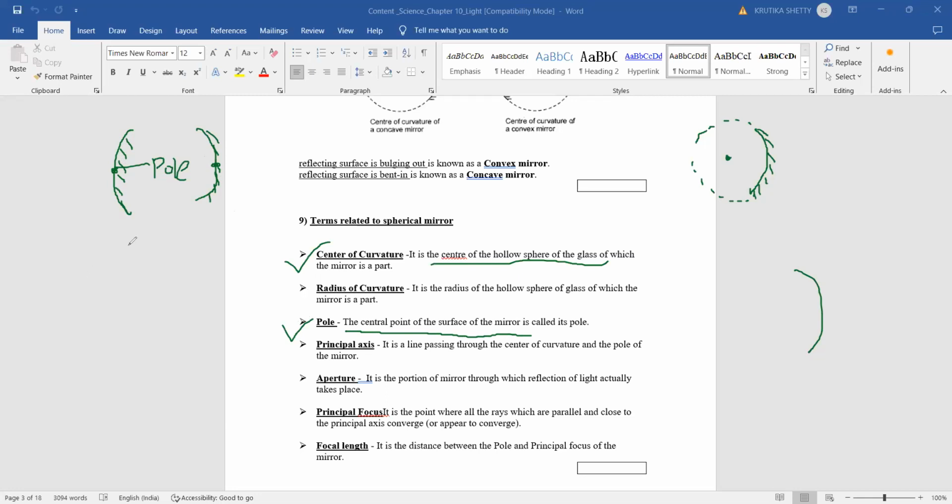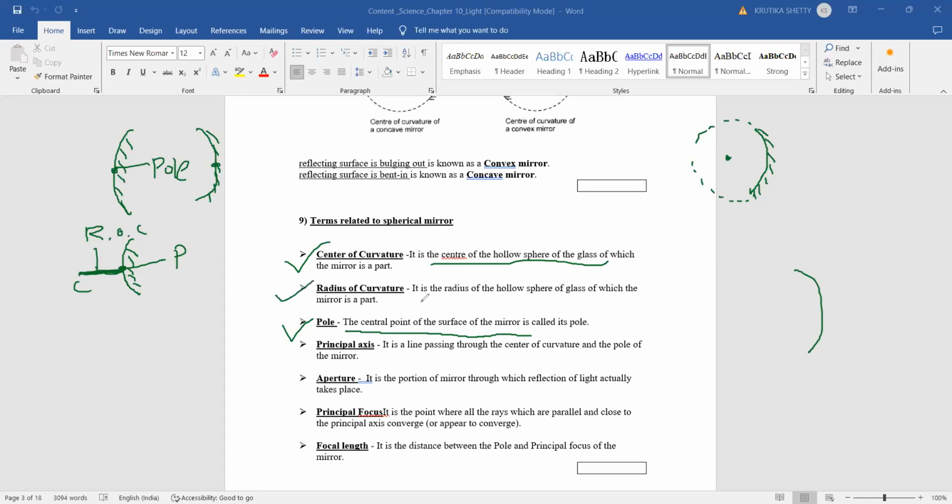Let us define the third definition now. This is again a convex mirror. This is the pole, and here is my center of curvature. The distance between the center of curvature and the pole is called the radius of curvature.